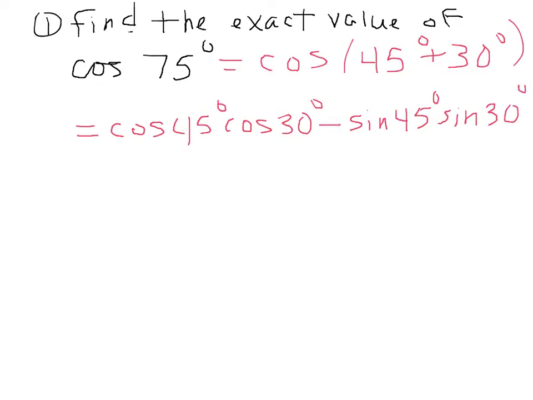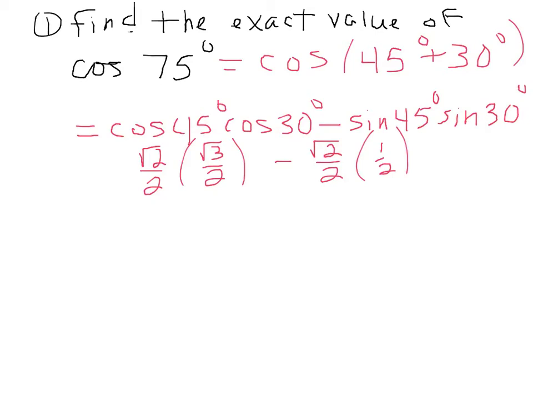So notice that the cosine of a sum is going to have a difference in the middle of the formula when we go to the substitutions. Okay? So now we just put in those values. Cosine of 45 is square root of 2 divided by 2. Cosine of 30 is square root of 3 divided by 2, minus sine of 45 times sine of 30.